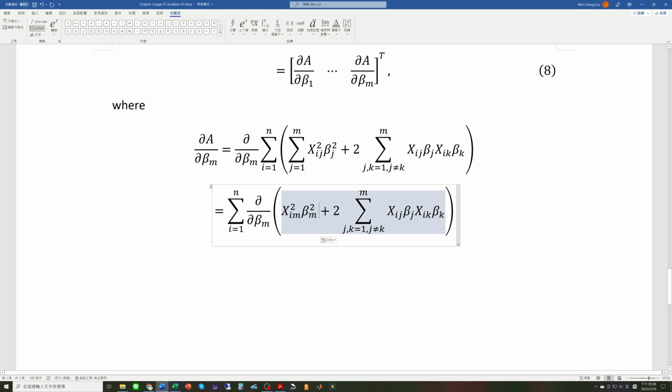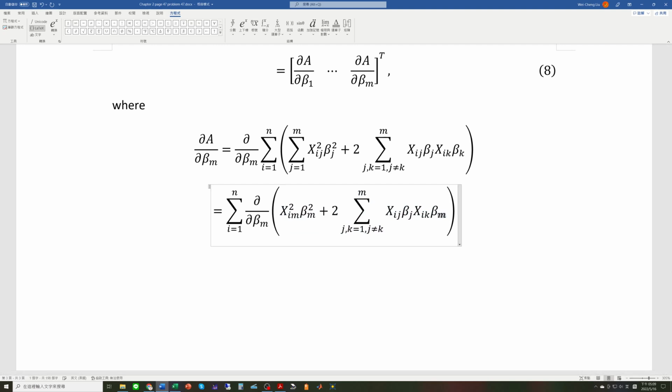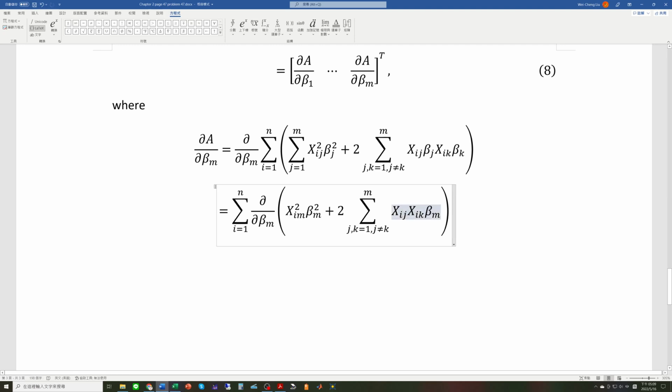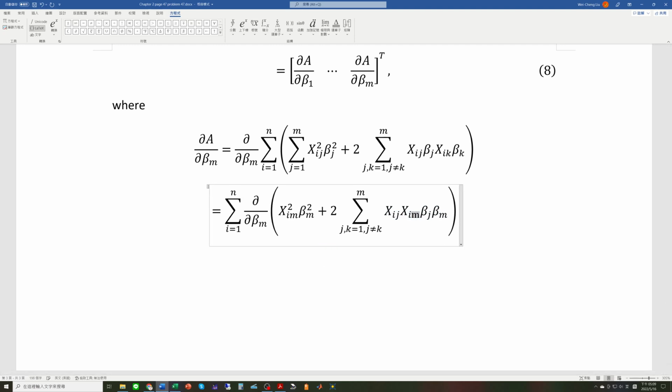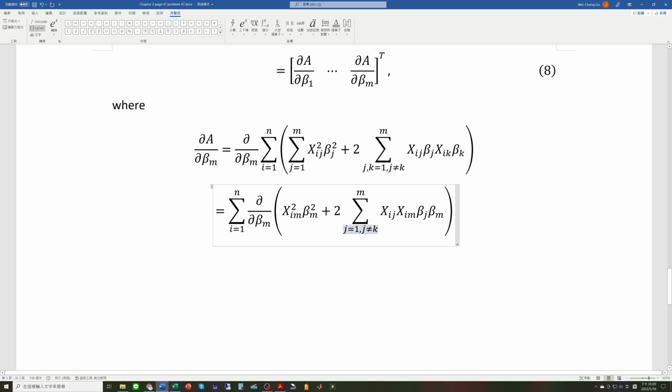The only term that contains beta m, so we can change k to m. And we move beta j in front of beta m, and we also change this k to m. So now j is equal to 1 and j is not equal to m.